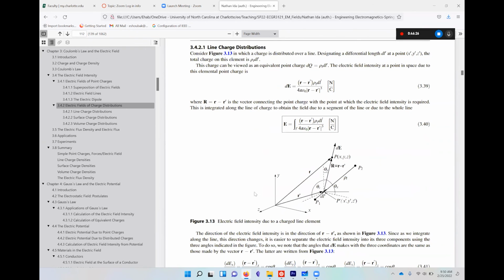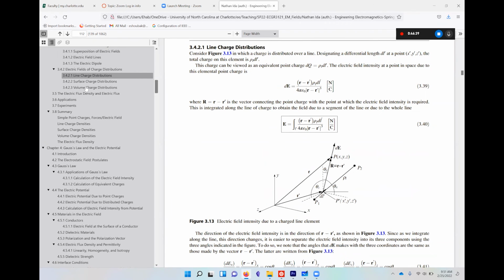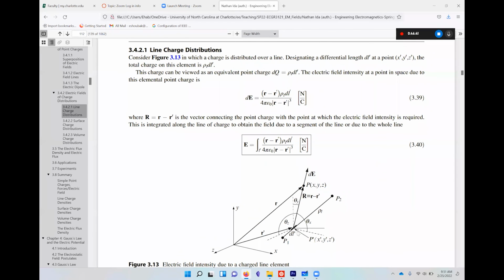So, for example, line distribution. Here, and let me zoom this out, you have line distribution, right? So you see here there's a line segment. You can imagine there's a wire moving in space here, right?